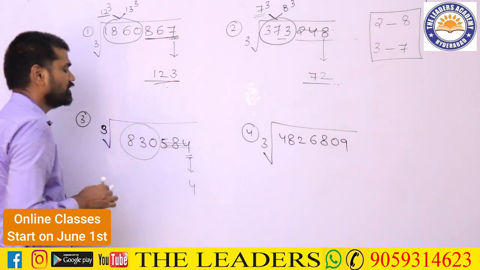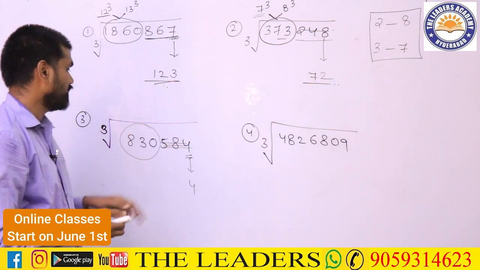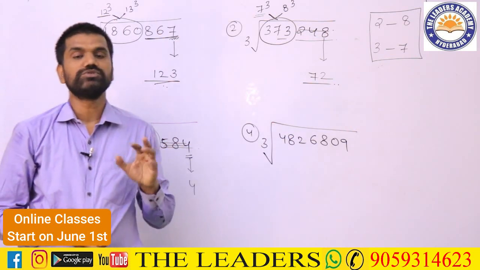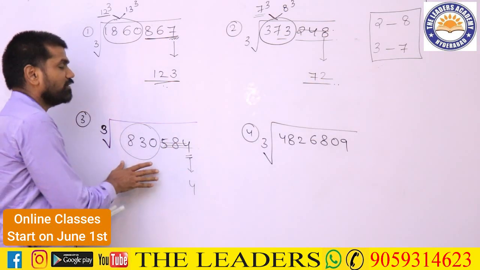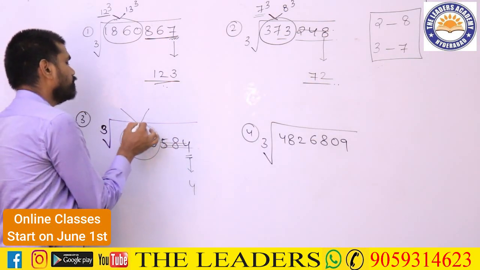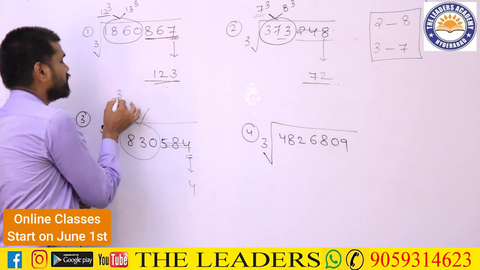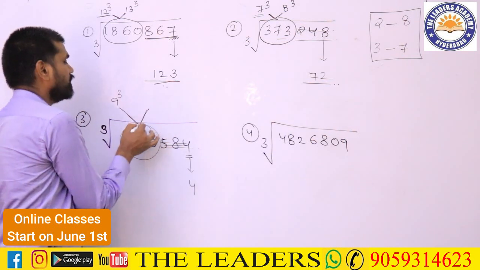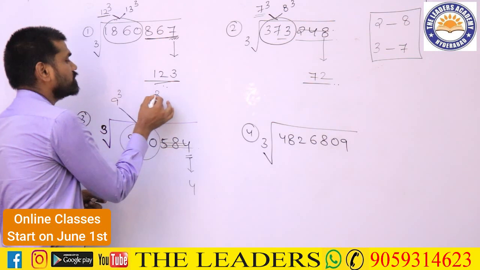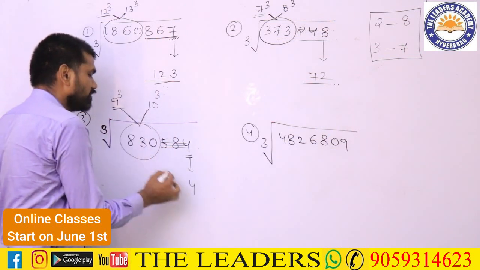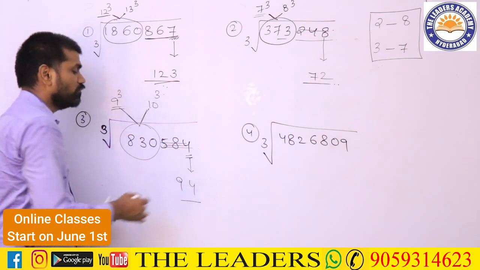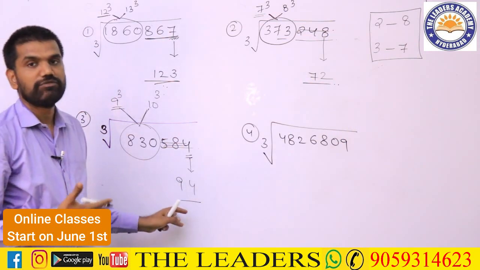Now you check which two cubes the remaining part lies between. That 830 is lying between 9 cube and 10 cube, because 9 cube is 729 and 10 cube is 1000. I will be placing the lower bound over here. Hence the cube root of this number will be 94.